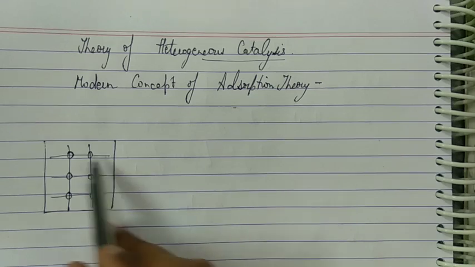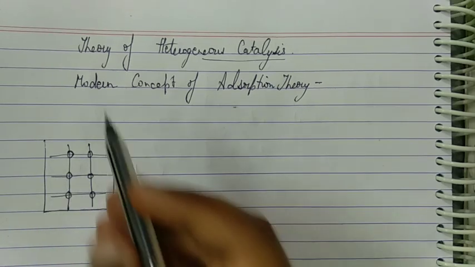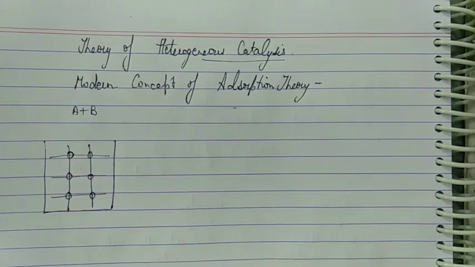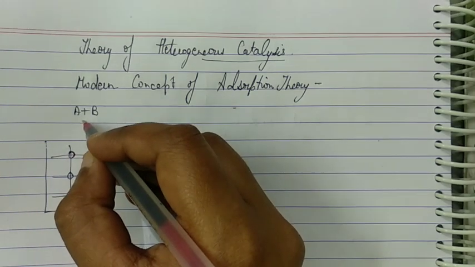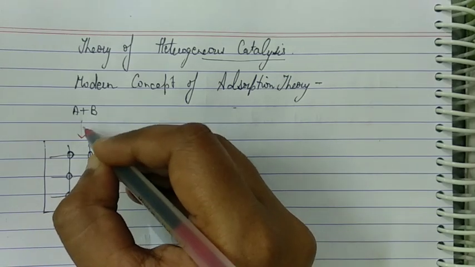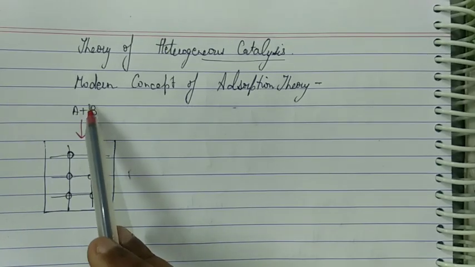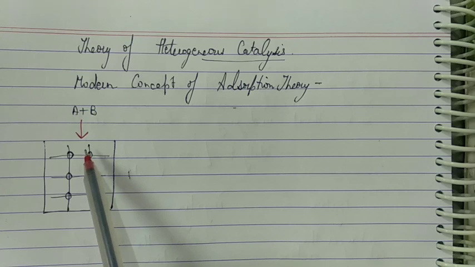This is the surface of the catalyst with free valencies, and we are having reactants here, A plus B. These are the reactant molecules. The first step says diffusion of the reactant molecules towards the surface of the catalyst.